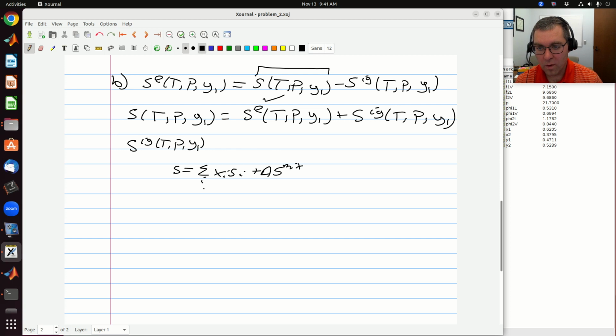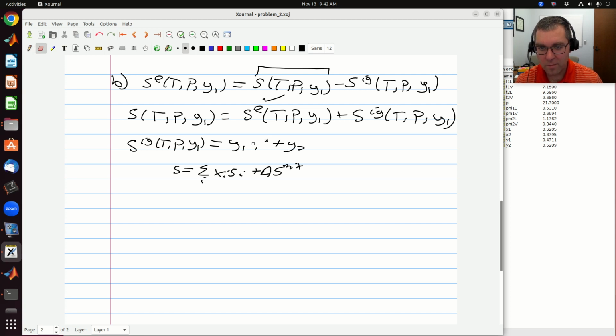Or we had delta S of mixing was sum over i, S bar i minus Si. But S is going to be equal to sum over i, Xi Si plus delta S of mixing. Or for the case of an ideal gas, we have our analytic equation for delta S of mixing. So for my ideal gas for binary system, this will be Y1 S1 ideal gas plus Y2.